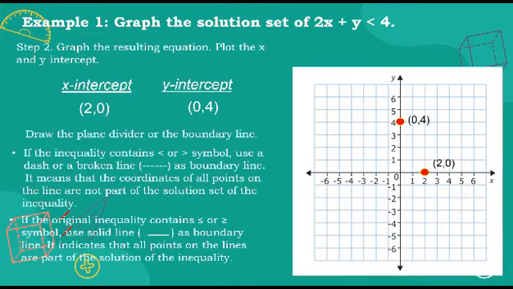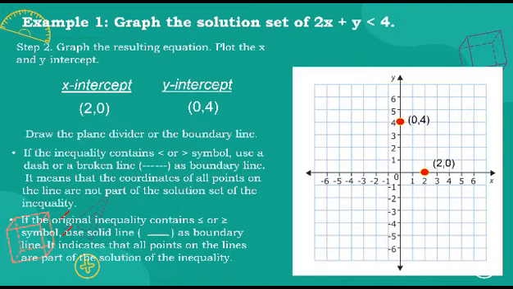Now, draw the plane divider or the boundary line. If the inequality contains less than or greater than symbol, use a dash or a broken line as the boundary line. It means that the coordinates of all points on the line are not part of the solution set of the inequality.